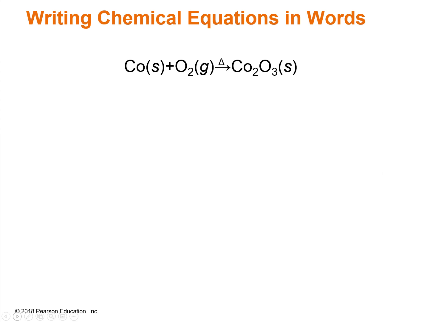Now we can do a chemical equation. Starting with the simple one. I'm kind of going to walk through it with you, and then I'll let you do some practice. What I like to do when I'm writing a chemical equation in words is I go through and name everything first. So I write out what I have.